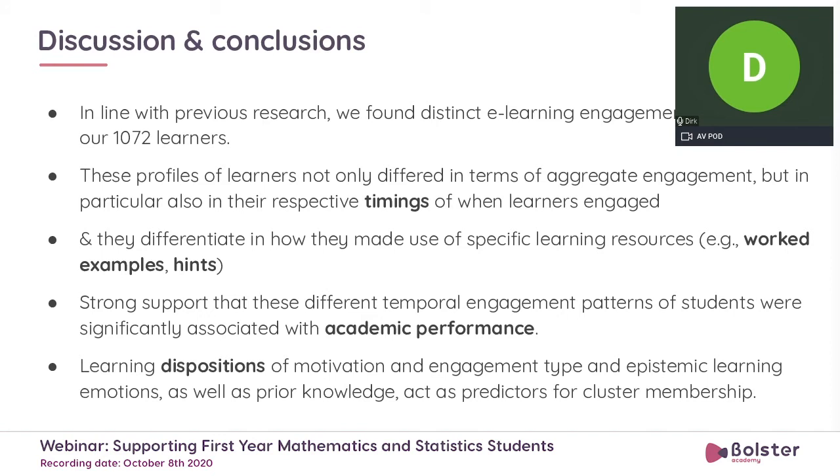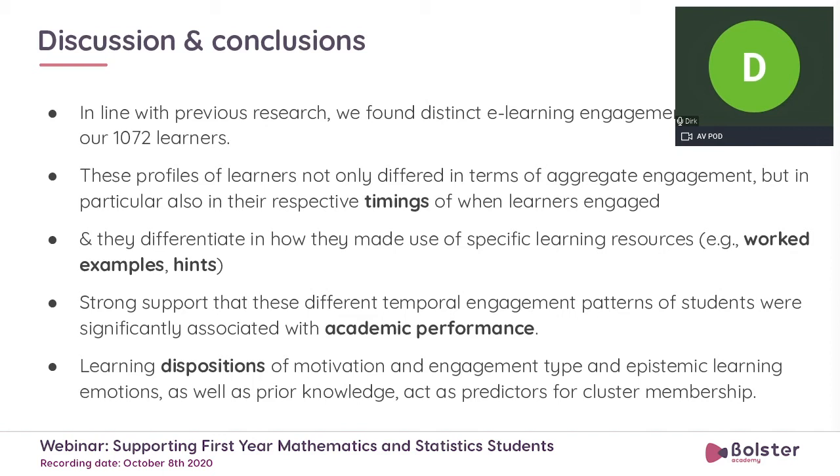We find different profiles of students, thanks to the fact that we have a large group. This cluster analysis brings us different profiles. We see large differences in timing of learning, as well as the way students use these different scaffolds, both the worked examples at the one side and the hints at the other side.